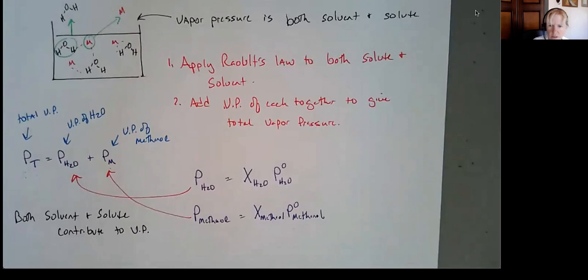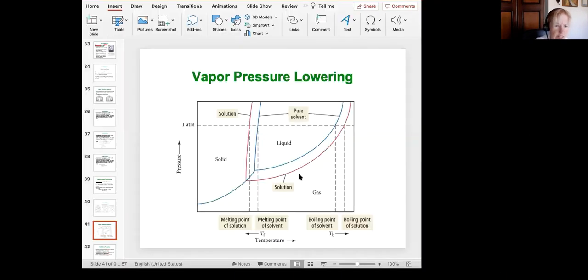So I'm going to show you a slide really quickly. If you think back to chapter 11, where we had those phase diagrams where you looked at the change in states of matter, solid, liquid, gas, based on pressure and temperature, right? If I look at vapor pressure, because it's a colligative property, once I form a solution, that's going to lower the vapor pressure of that solution.